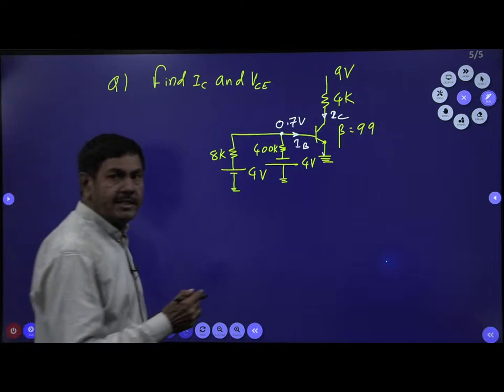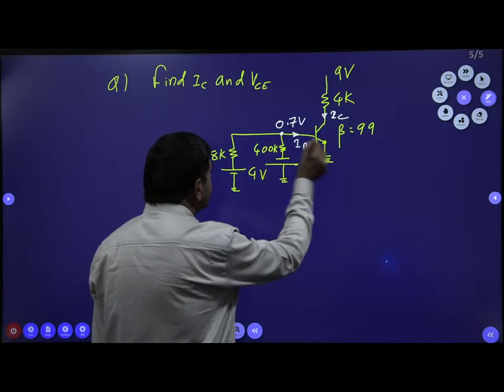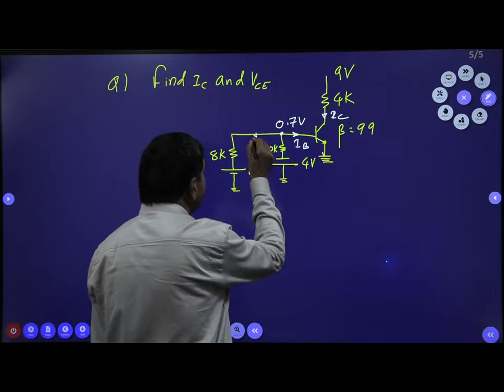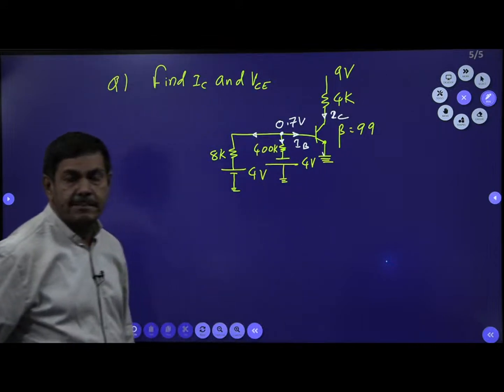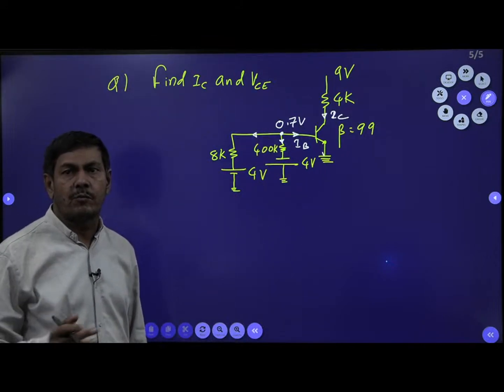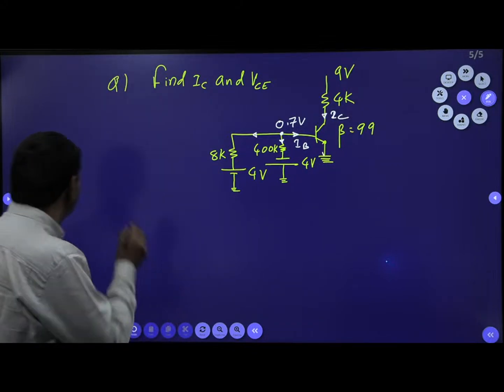Now according to the nodal analysis, this current plus this current plus this current equals 0. The summation of all the currents must equal 0.